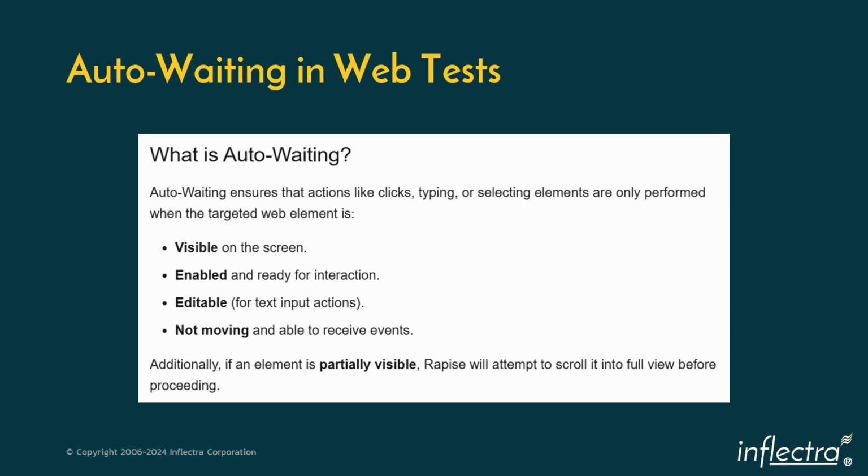Before clicking, typing, or interacting with a web element, auto-waiting makes sure the element is visible on the screen, enabled and ready to use, editable if you need to type text, and not moving and ready to respond to actions. If part of the element is off screen, Rapise will scroll it into view first and then continue the test. Let's see how it works.